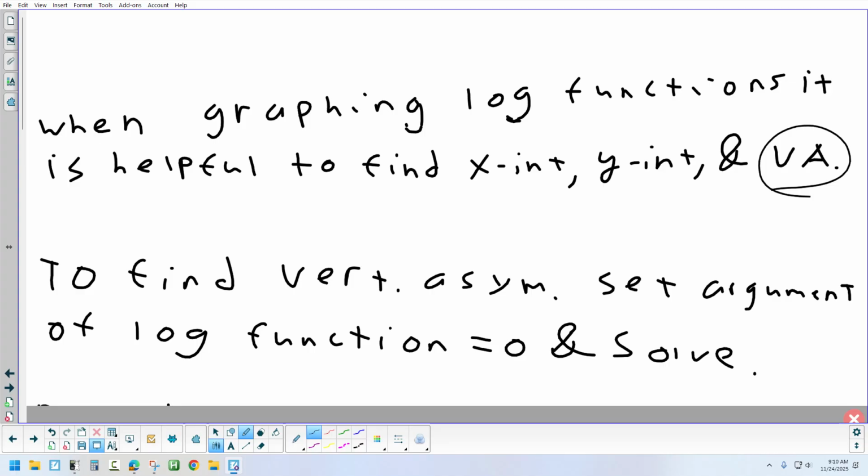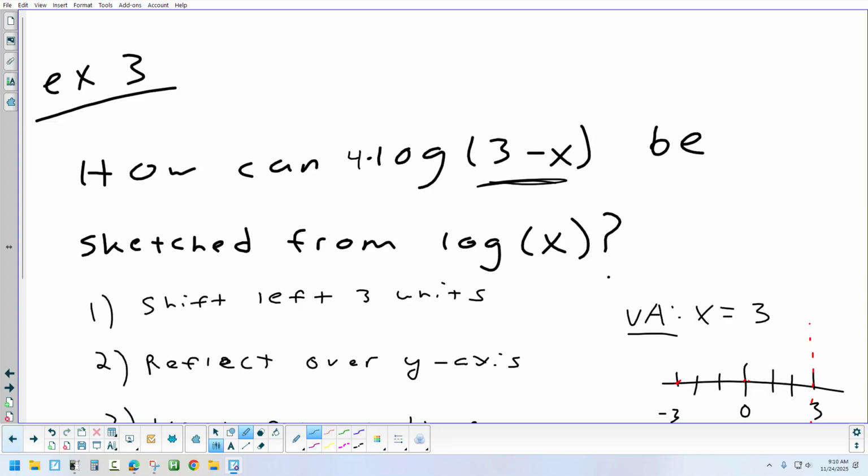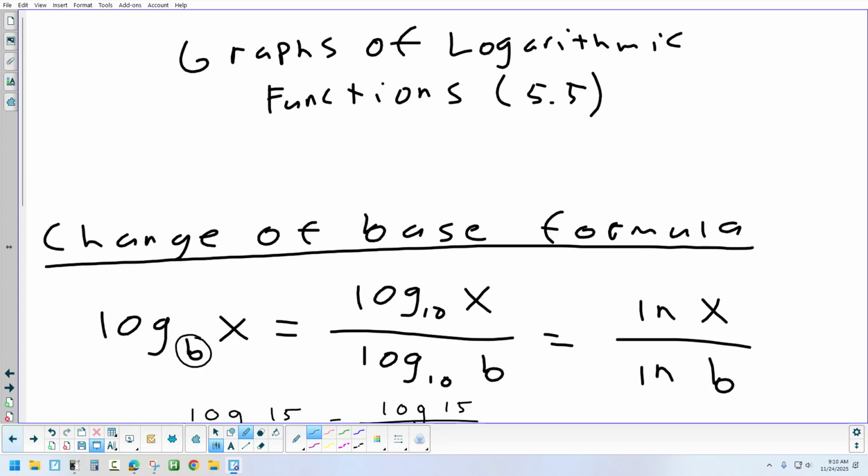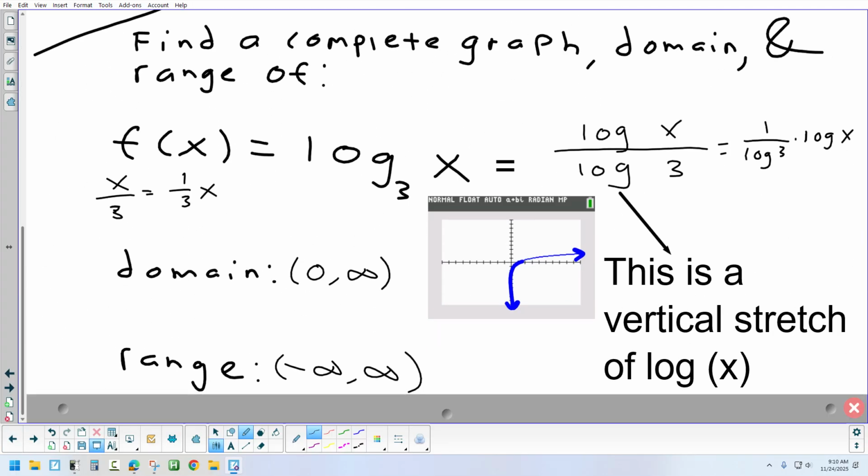X and y-intercept, well, y-intercept you can always find, because remember the range is all real numbers. Sorry, x-intercept you can always find, because the graph goes up and down forever. So logarithm functions will always cross the x-axis, but they might not cross the y. An example of one that doesn't, right there.